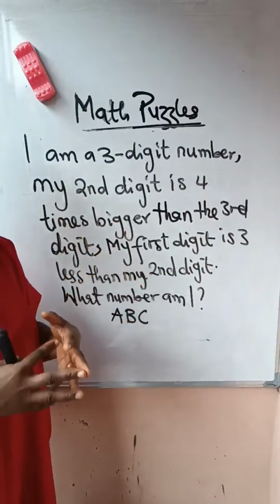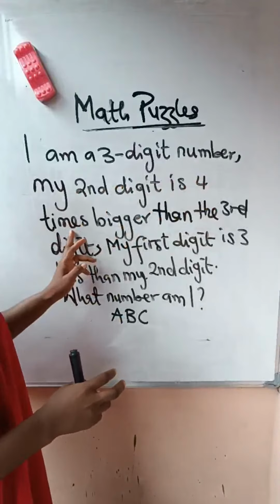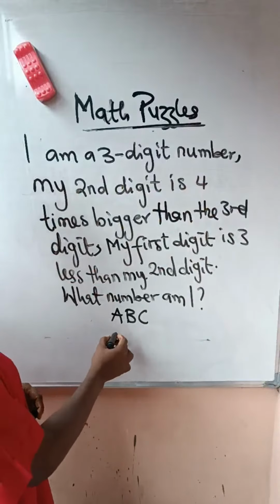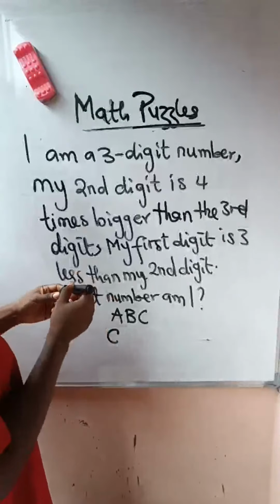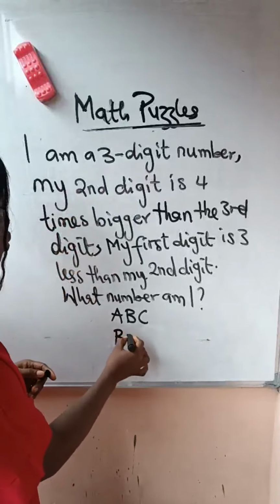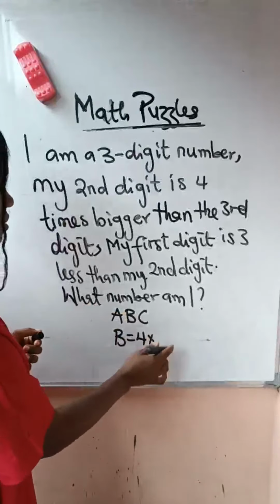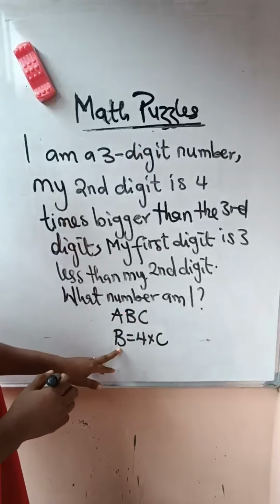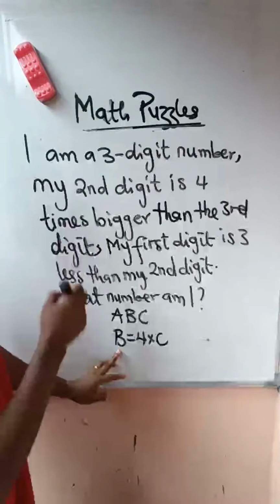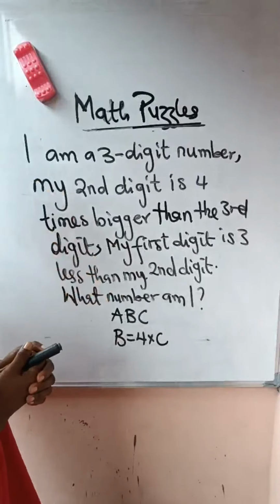It means that if you multiply the third digit C by 4, you are going to get the second. So B should be 4 times C, because if you multiply C by 4, you get B.